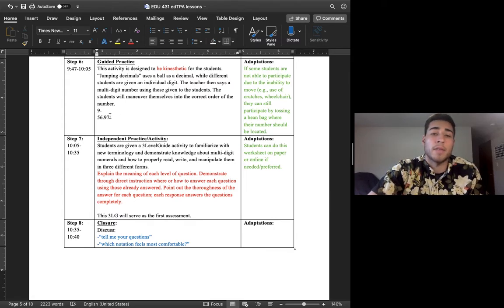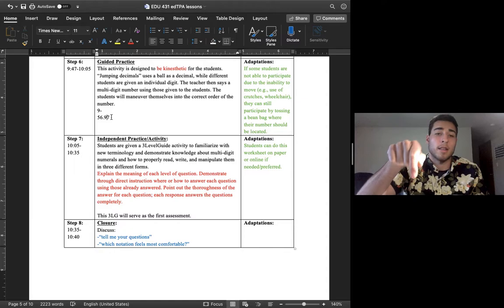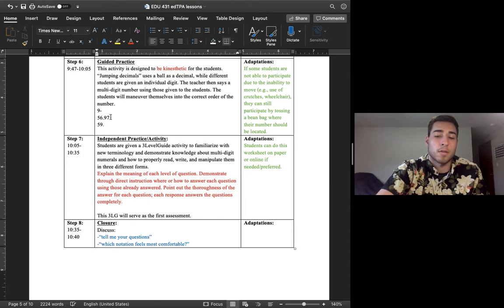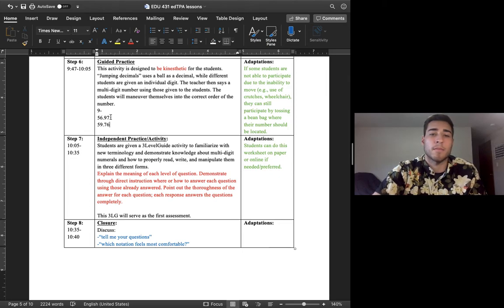The student will then have to go next to the student who represents the 7 and the ball, and then other students will have to line up according to their point. And then I'll just give other numbers, either using the same numbers, and they'll just have to move around accordingly together to create that respective number.